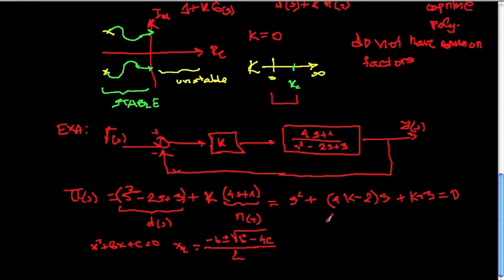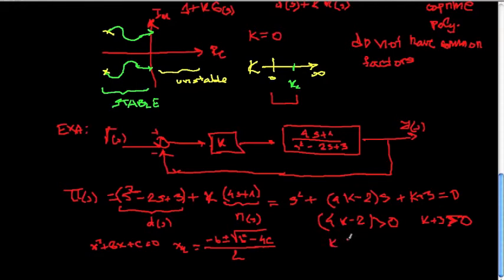So we have to have that 4k minus 2 has to be greater than 0. And also we need to ensure that k plus 3 is greater than 0.